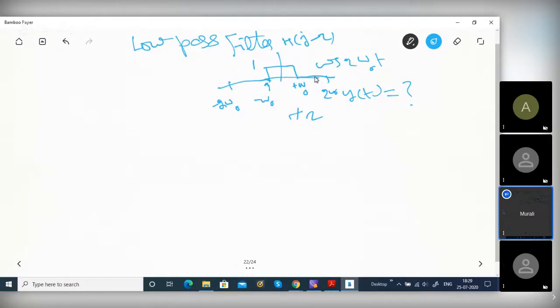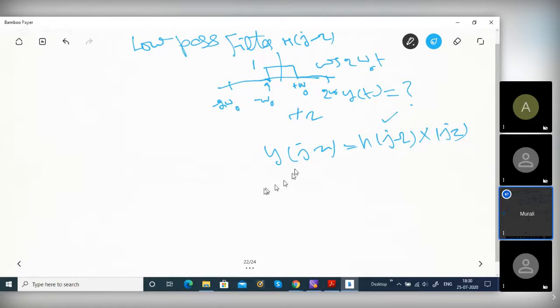Y of j omega is H of j omega times X of j omega, where X is the input. If H is 0 at that frequency, the output is 0.